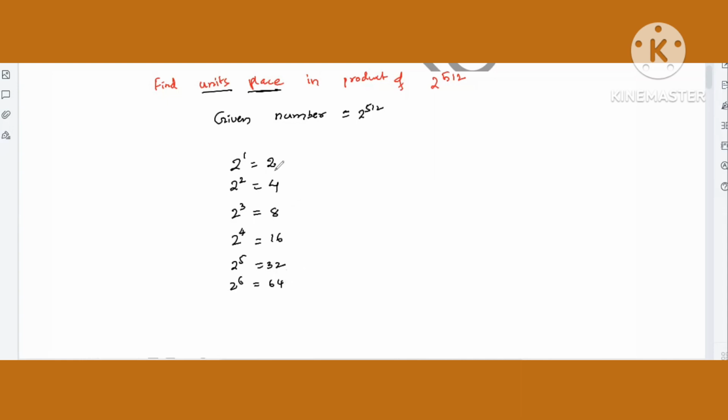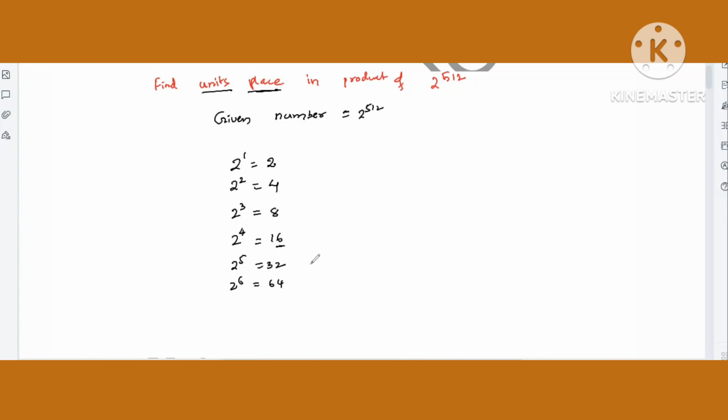You can observe the units places are 2, 4, 8, 6, 2, 4, 8, 6. So 2 power n always ends with 2, 4, 8 or 6. But here we have to take a number that always ends with the same digit, that is, ending with 6, then it compulsorily always ends with 6 only.